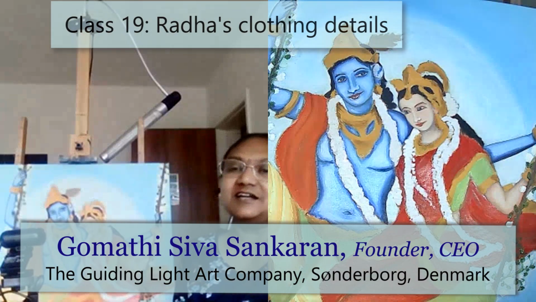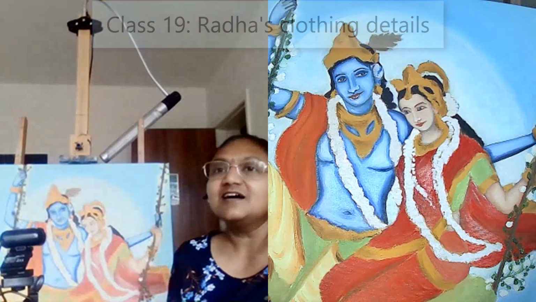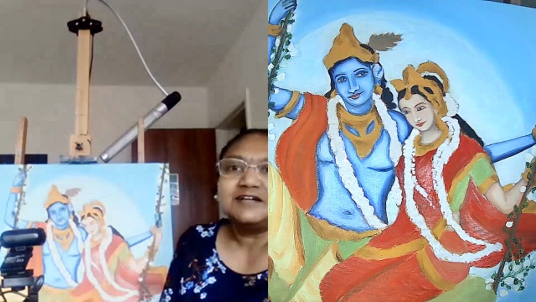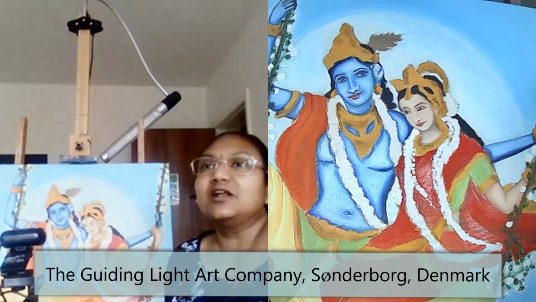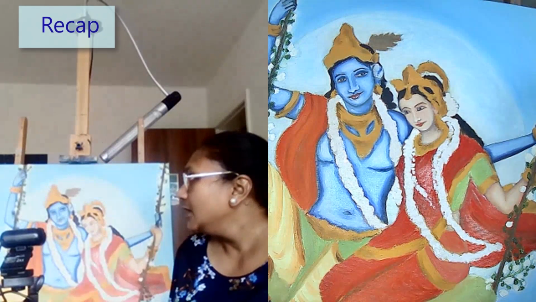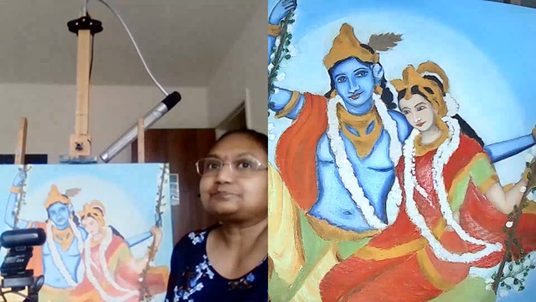This is Gomati Sivasankaran. We are in class 19 of the large canvas painting of Radha Krishna. We have had intense, interesting sessions going over layers 1, 2, 3, and we are in layer 4, working on the details.